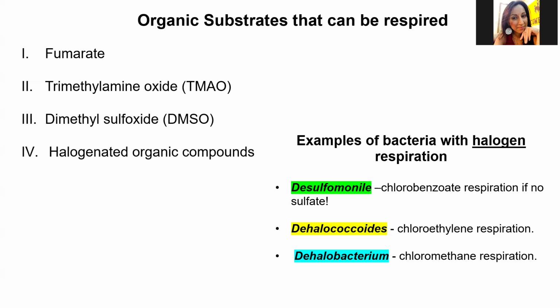compounds. I never insist on students knowing whether it is chlorobenzene, chloroethylene, or chloromethane. The halogen element is chlorine. So that's what I want you to know: whenever you see dehalo, something is respiring something that is chlorinated, like chloromethane, chlorobenzene.